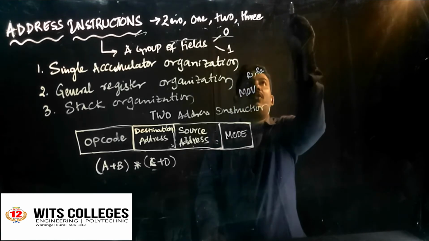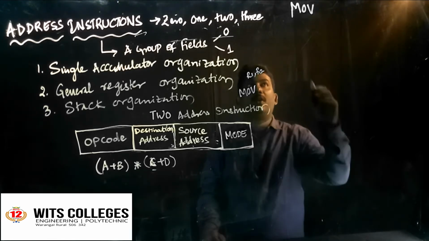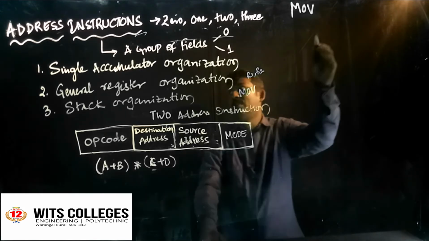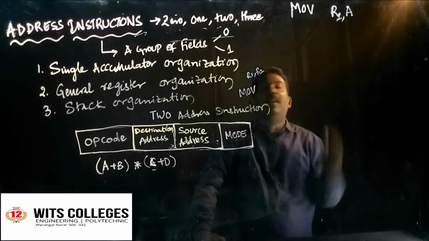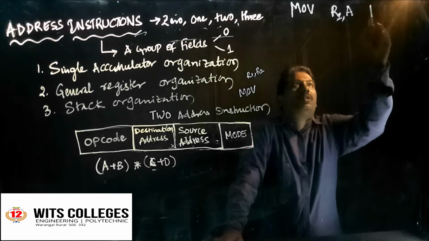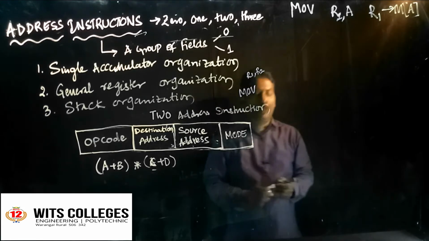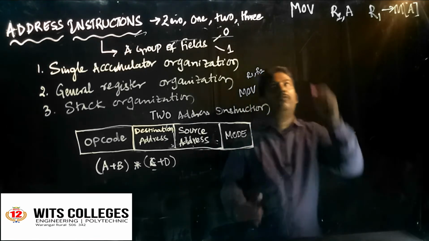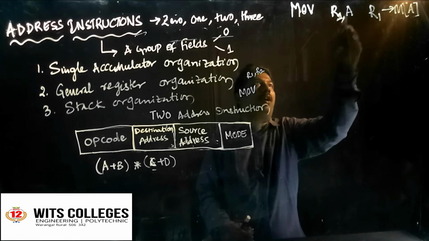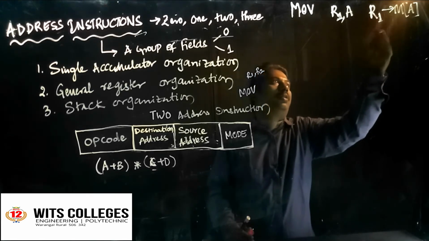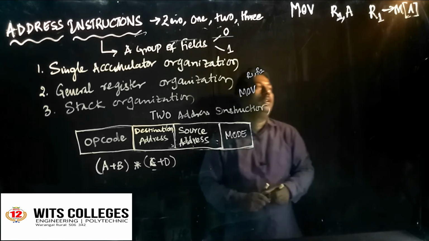So the first step we are going to write is MOV R1, comma A, which gives R1 stands to M of A. This is the first instruction: MOV R1, A, R1 stands to M of A. So we move the value from memory A into register R1.